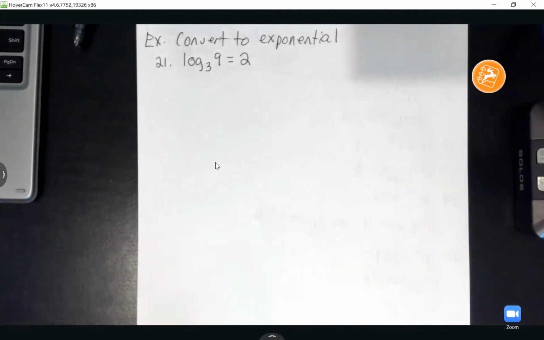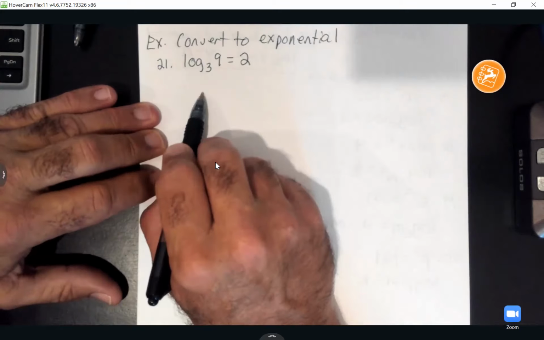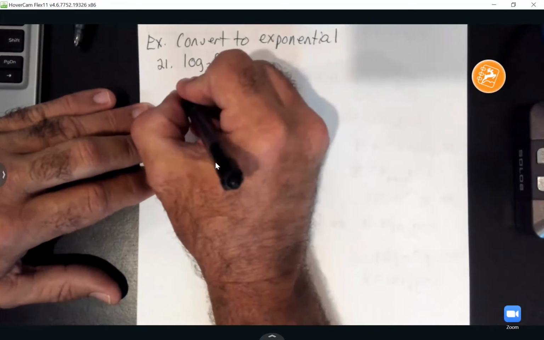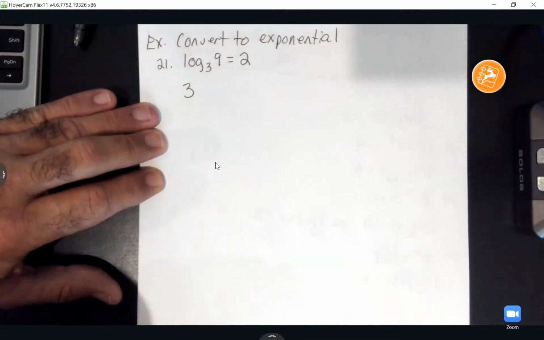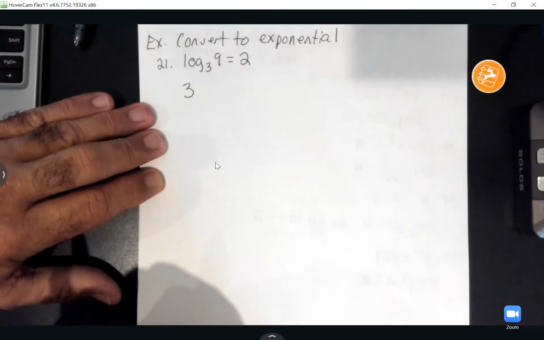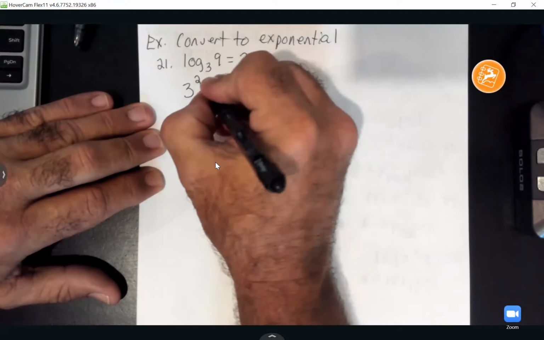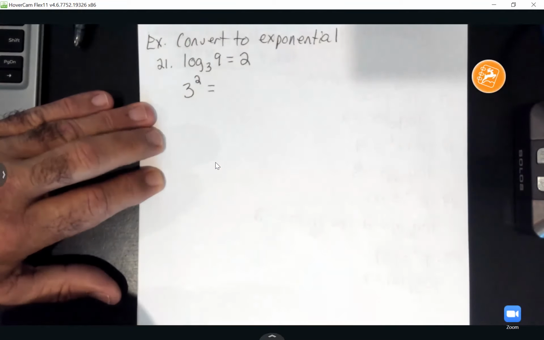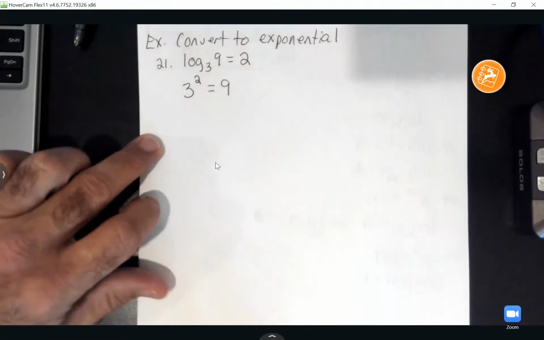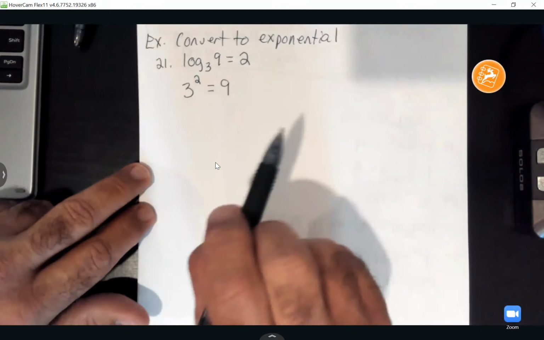So if we're going to exponential, I need my base. Well, the base of the exponential is the same as the base of the logarithm. So that would be a 3. So y'all, what am I putting here for my exponent? 2. All righty. And 3 to the second has to equal 9. And y'all, 3 times 3 does equal 9. So we got it written right because it's true, okay?